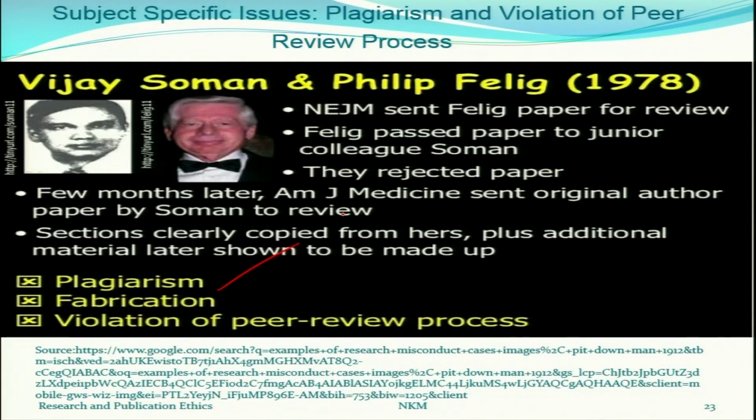He copied most of the materials and also fabricated the data. So it was a case of violation of the peer review process too. We have to understand that there are ethical violations at the level of the peer review process also, and we have to avoid them. As peer reviewers, we have certain responsibilities and duties we need to understand clearly, and we must regulate our behavior in terms of research ethics.